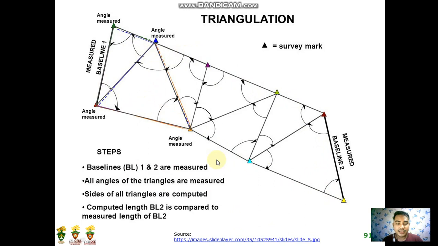And the sides of the triangles are computed from the few given, no, nga mga baselines. So naay isa ka measured distance tapos naa na ang mga angles, so possible nga makuha nato ang uban nga distances or sides. So computed length of baseline 2 is compared with the measured length of baseline 2. So naay measured tapos naay computed, so from that maka-determine ta kung unsa ang error. Ato siyang i-compare.